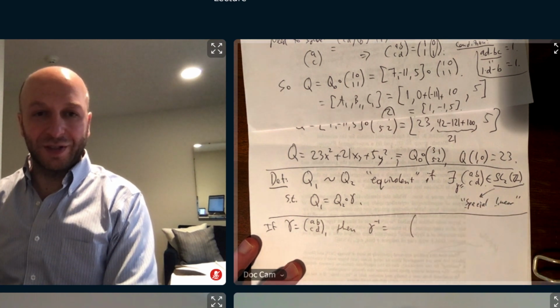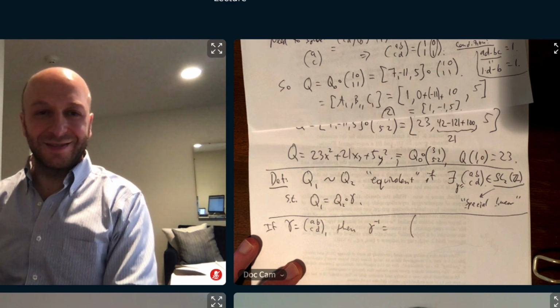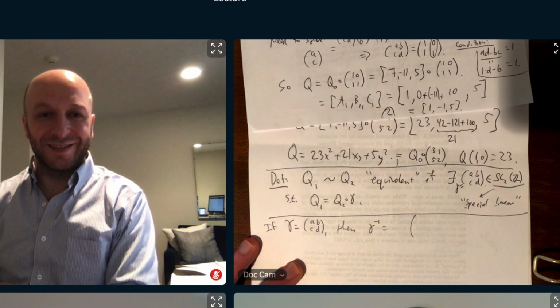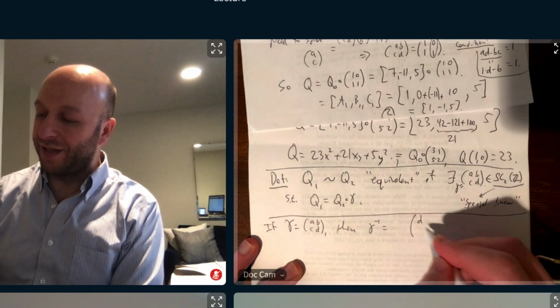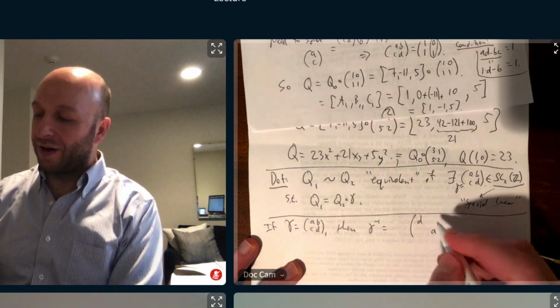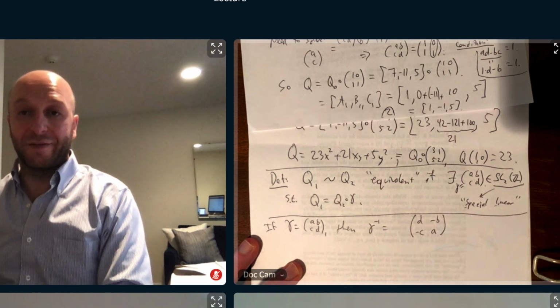You have to do something to gamma. Yes. Great. Everybody knows this. You flip the diagonal entries, D and A. You negate the off-diagonal entries, negative B, negative C. And then I'm off by a scaling factor.